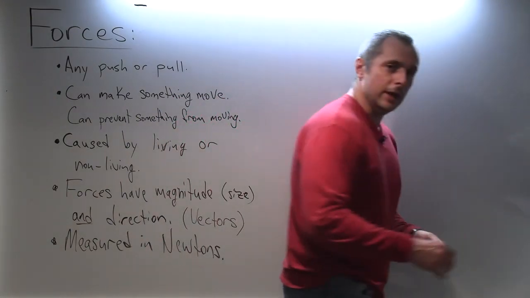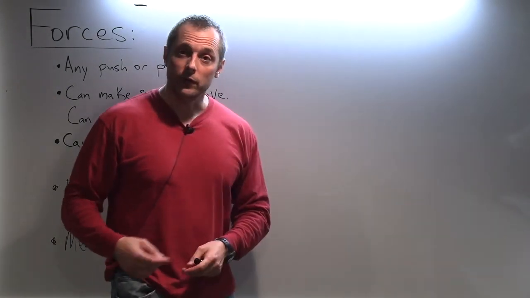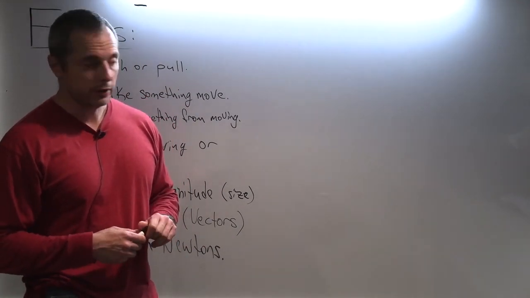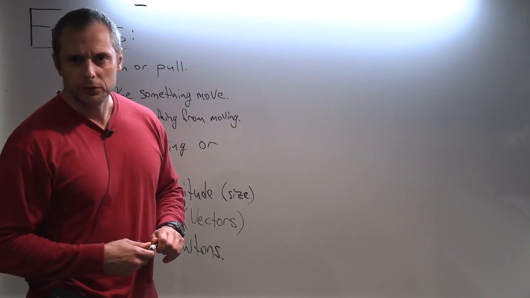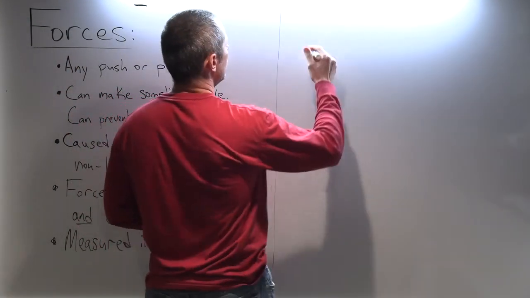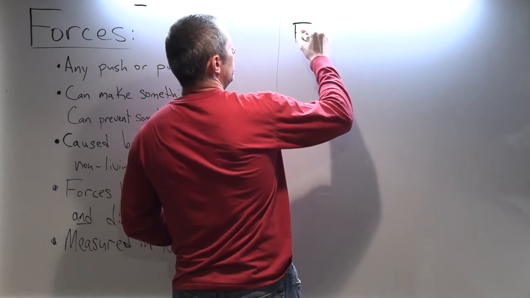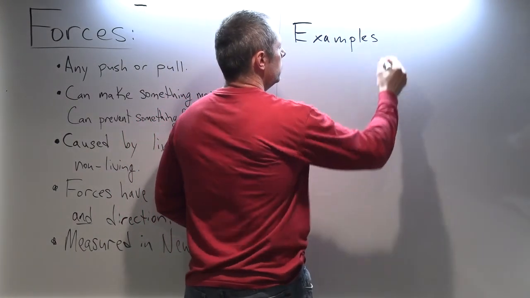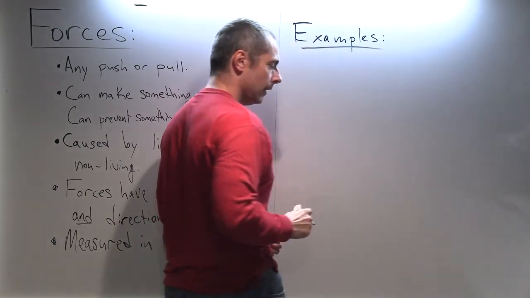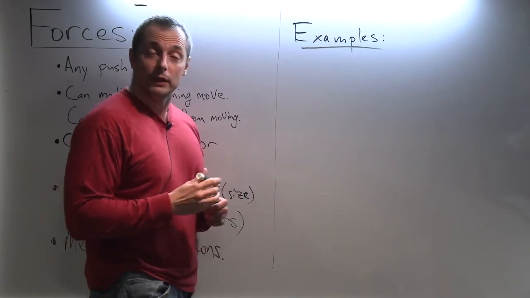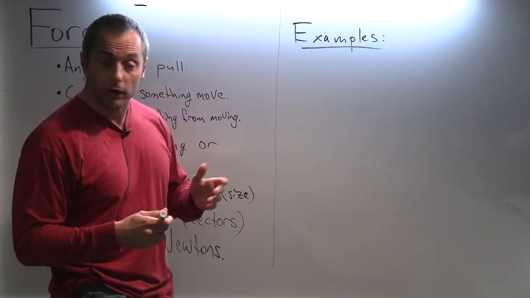Now, what we're going to do today is learn how to represent forces on a piece of paper, okay? So it's very logical, very much common sense. Let's take a look at a couple examples. So if I had a force to the east, well, what has a direction in drawing?